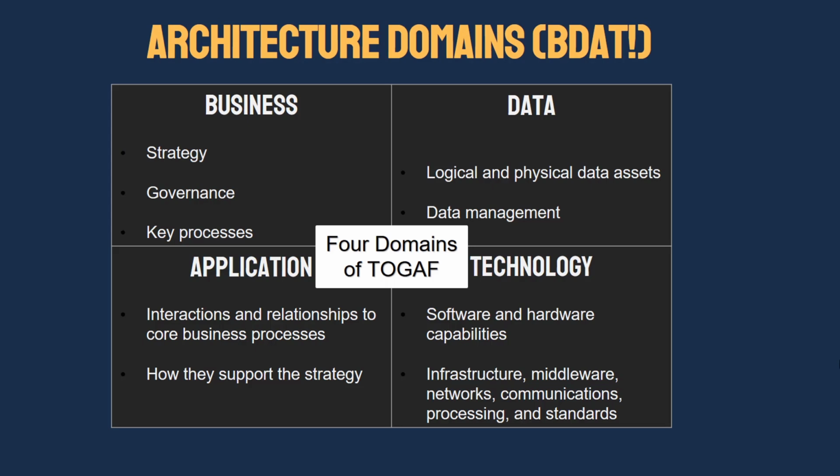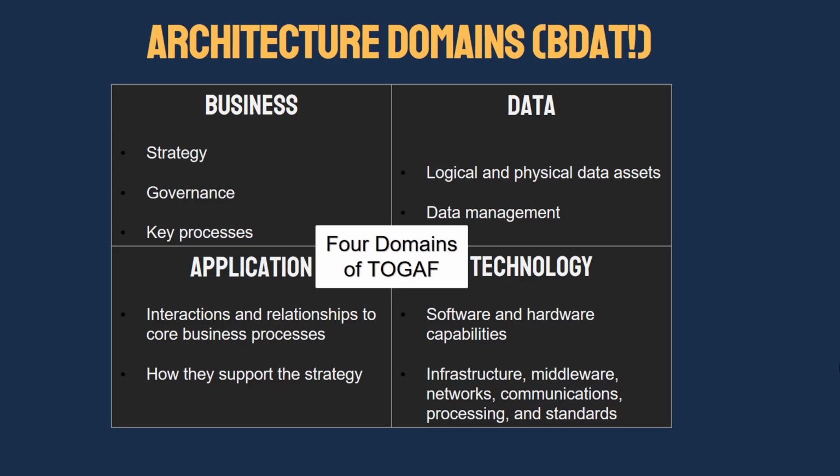It is where we talk about things like software, hardware capabilities required to support the business, middleware, network communication, processing standards, and all the stuff that an engineer loves to discuss. Together, BDAT, business, data, application and technology, form the foundation of TOGAF.